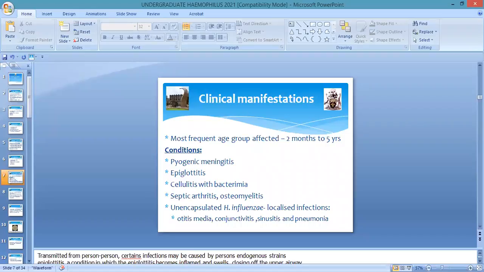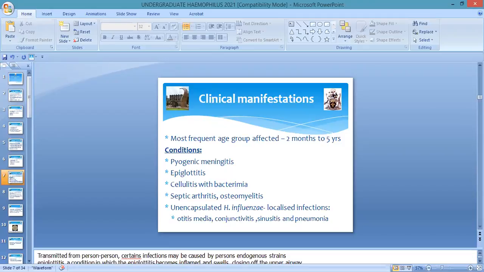Like I mentioned, some species of Haemophilus are normal flora within the upper respiratory tract, so they can also cause endogenous infections within an individual. But of course, that is mostly dependent on the immune status of a person.